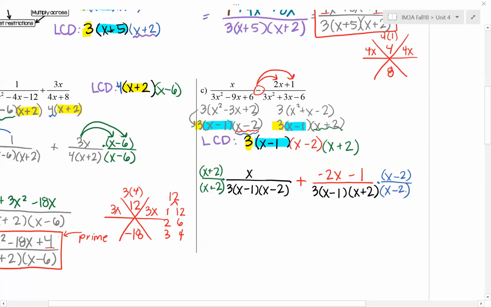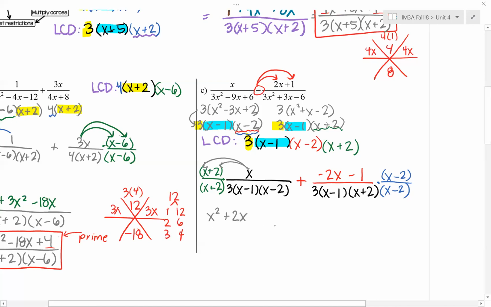And so this one's going to become a little bit more complicated than the last if we look at what happens when we multiply all this out. So for the first fraction's numerator, if I multiply x times x plus 2, I end up with x squared plus 2x.